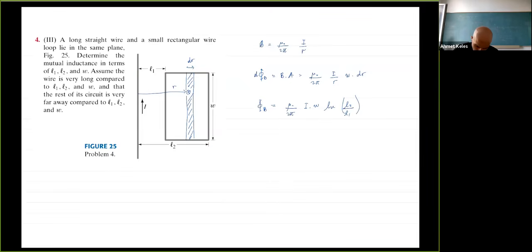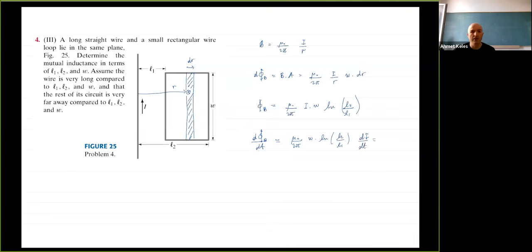And now d phi B dt is equal to, the only thing that depends on time is the current. So I'm going to write everything like constant in front, W, ln L2 over L1, di dt.